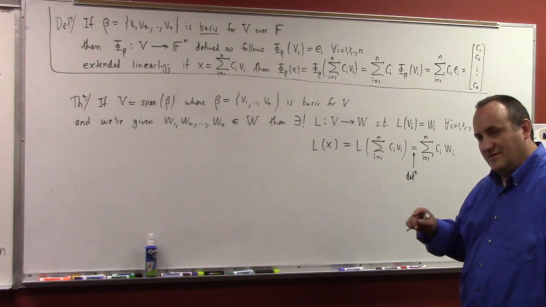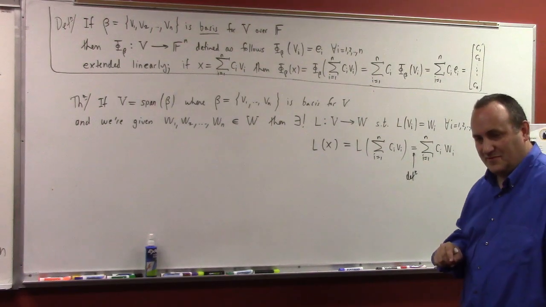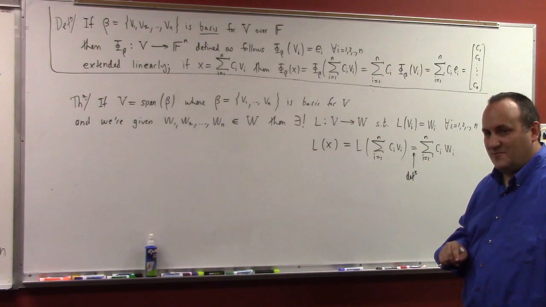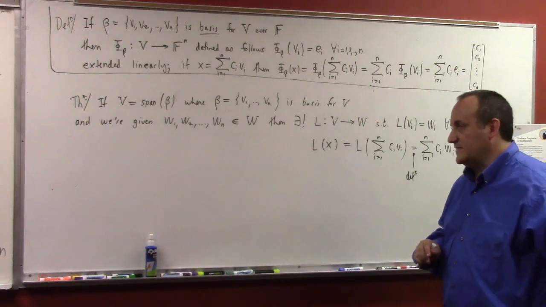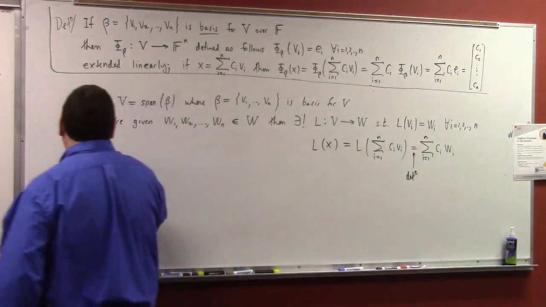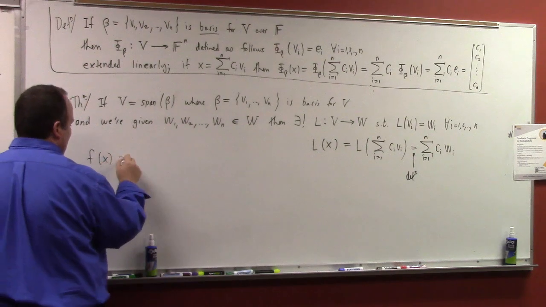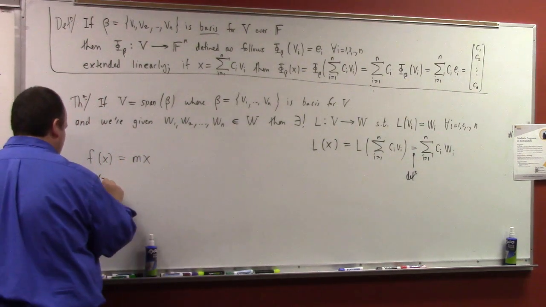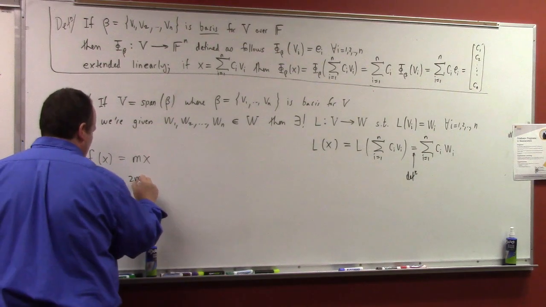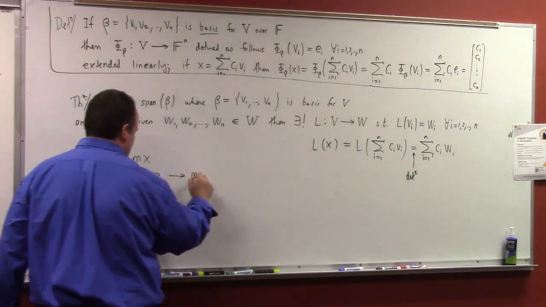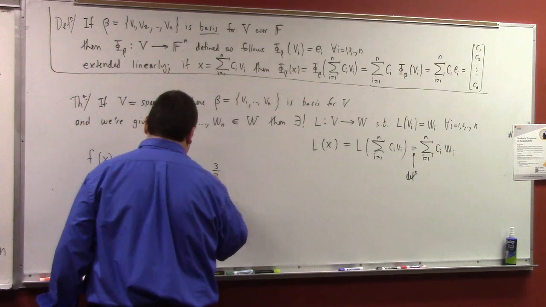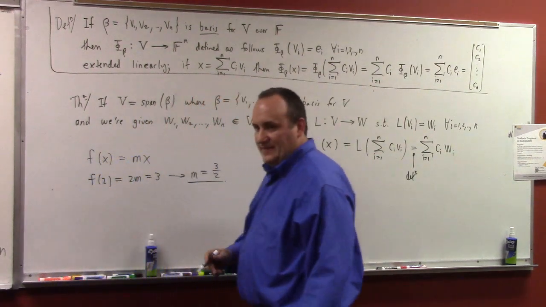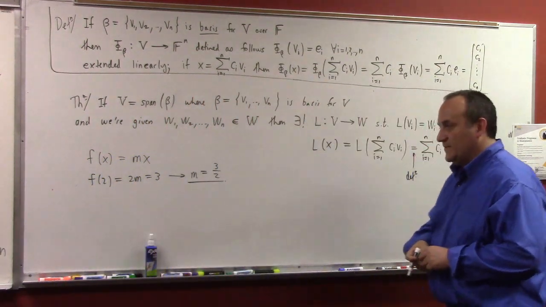But if I told you it's a linear function from reals to the reals, with f of 2 equals 3, that uniquely prescribes the function, because then f of x equals mx, and 2 times m equals 3 tells me m is 3/2, and so I'm done. That's the unique linear function that sends 2 to 3.